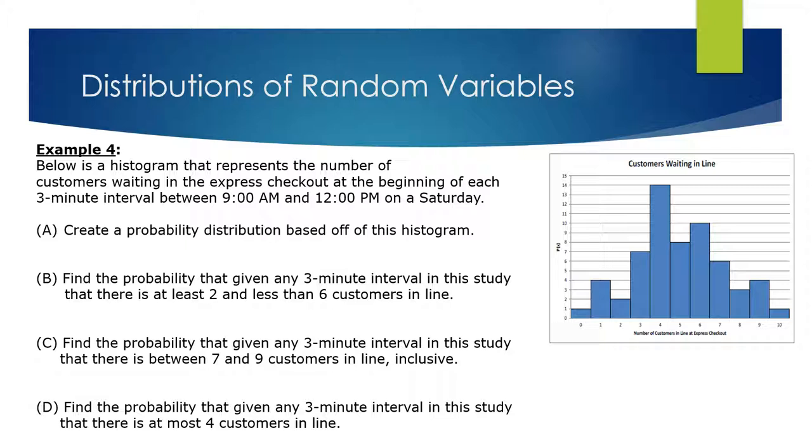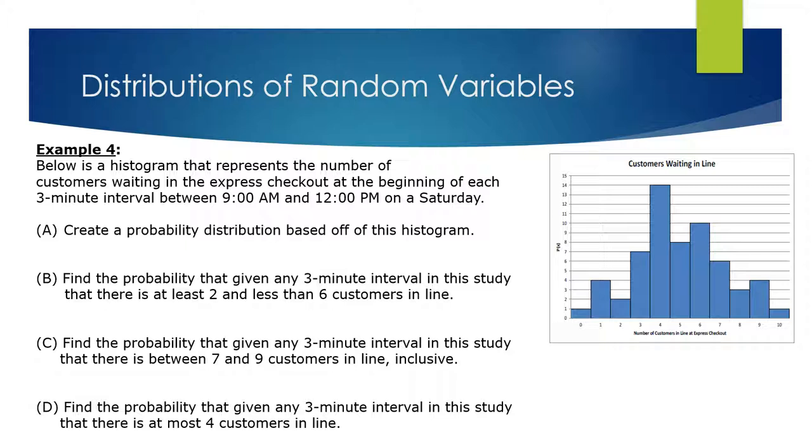So basically if I look at the data here, under the horizontal axis 3, that means how many 3-minute intervals were there where I had 3 customers waiting in line in the express lane, and this is telling me that there was 7 of these 3-minute intervals in this study that had that happening. So that's what the data means.